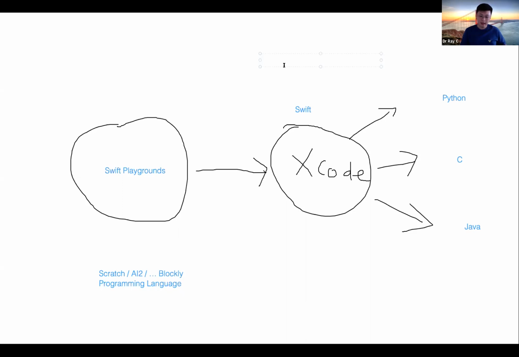We call it IDE, Integrated Development Environment. So it's an environment for you to write the program. So Xcode or whatever, we call it IDE, Integrated Development Environment. So it's just a platform. So even Swift Playground is one of the IDEs for us to write our program.